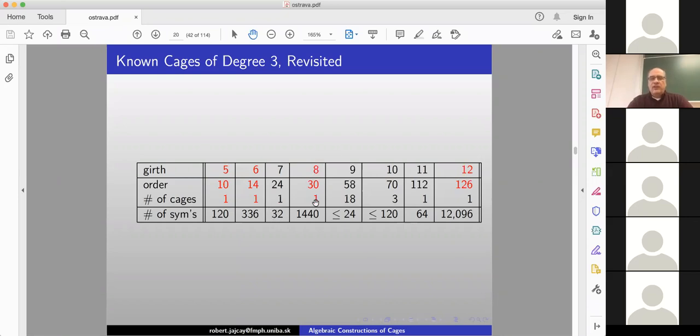The next one is the Tutte graph, which is highly symmetric, vertex transitive, and the next one on 12 vertices comes from an n-gon. It's again highly symmetric. So yes, I admit not every known record holder is vertex transitive, but they show up quite often. And even the ones which are not vertex transitive have a considerable number of symmetries.